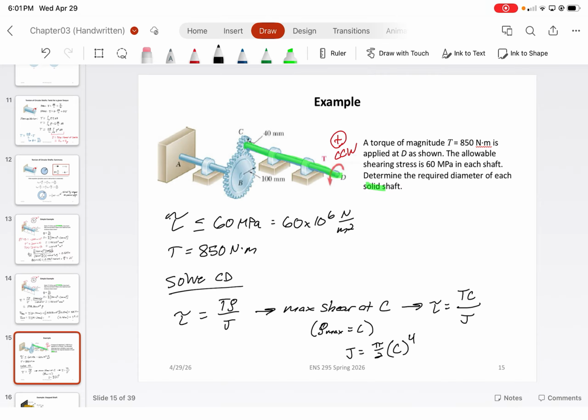Because C is our outside radius. So we can rewrite our entire expression to be tau is equal to TC over pi over 2 C to the fourth, which should simplify to 2T over pi C cubed.